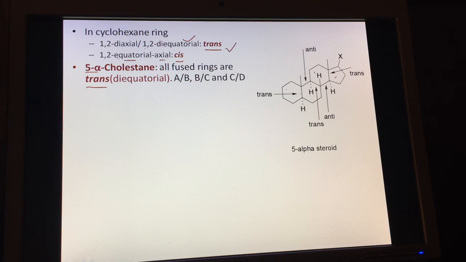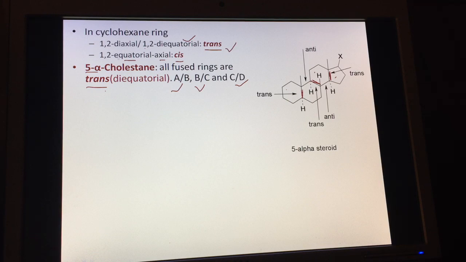Ring A and ring B are fused at this position. Ring B and ring C are fused at this position, and ring C and ring D are fused at this position. So these are the fusion points. All these ring fusions, between rings A and B, B and C, and C and D, are trans in the case of 5 alpha cholestane.